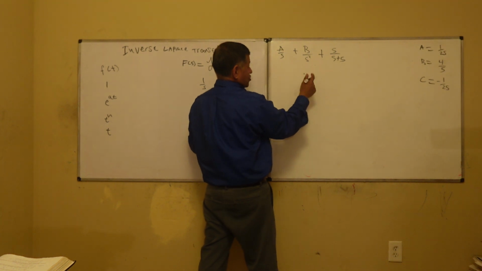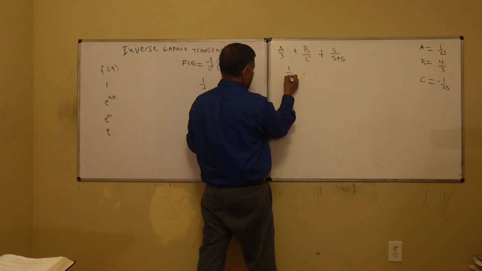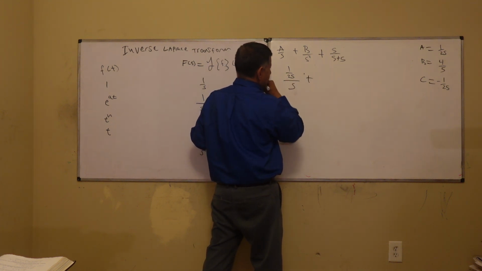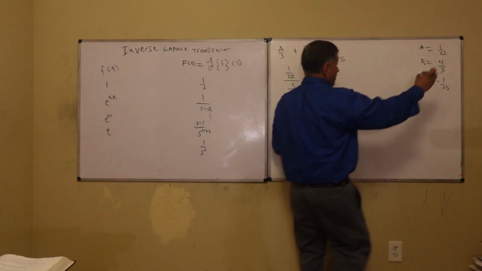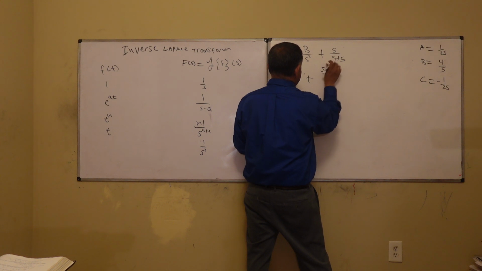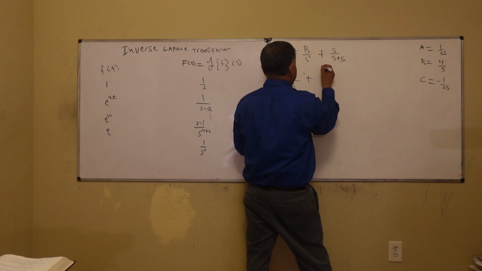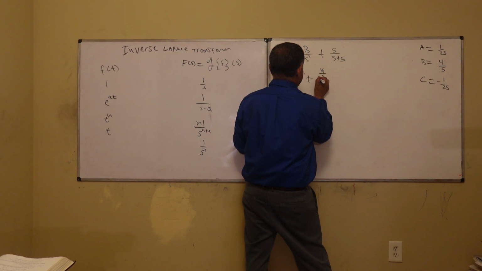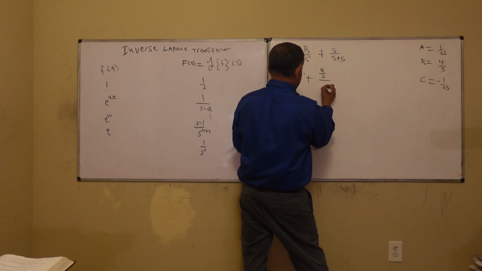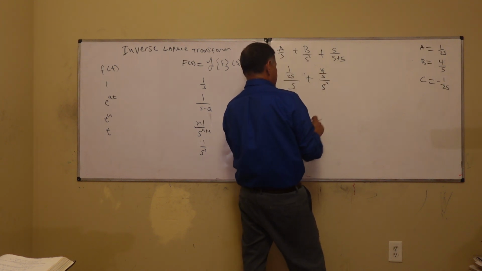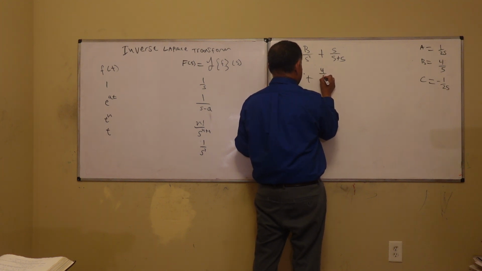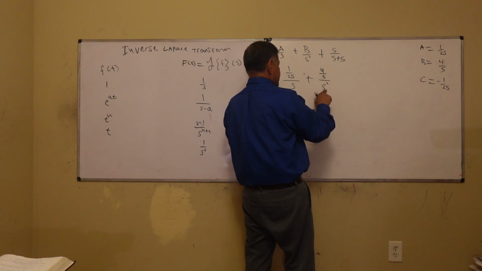So the first one is going to be 1/25 over s, plus 4/5 over s squared. That's an s, this is s, this is a 5.